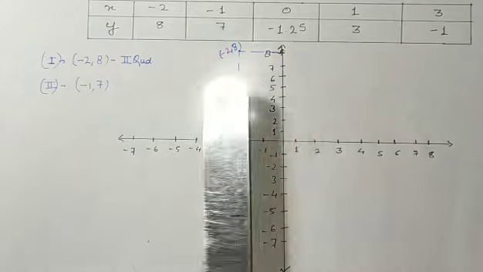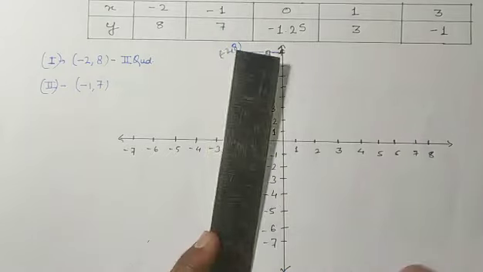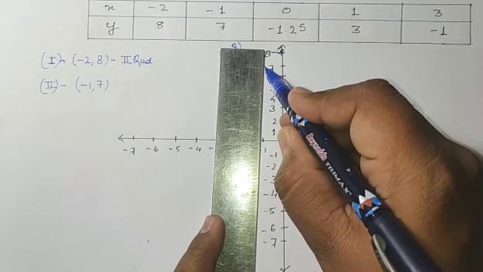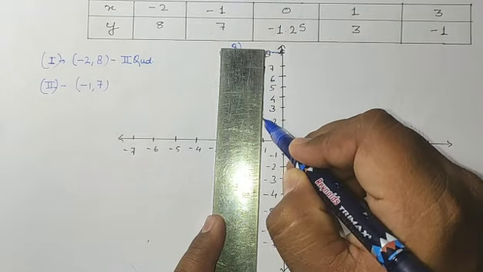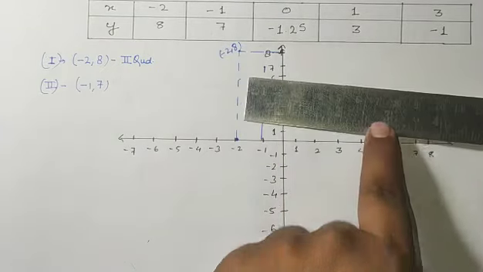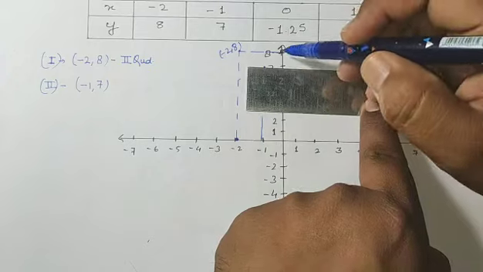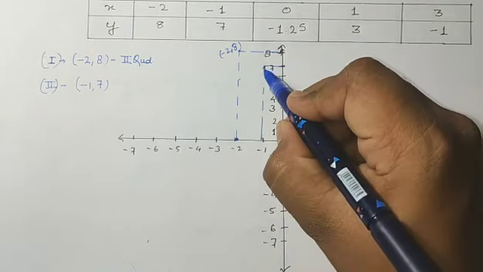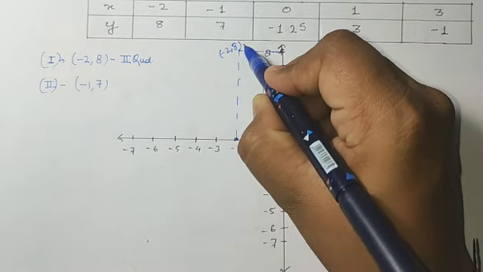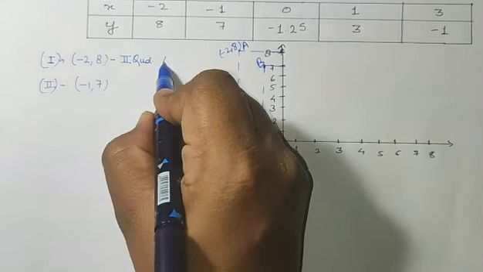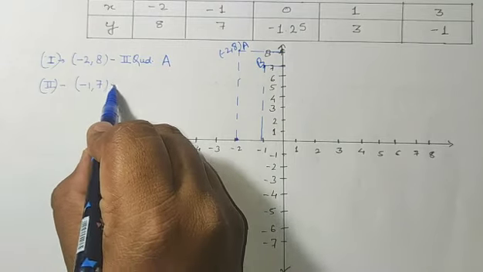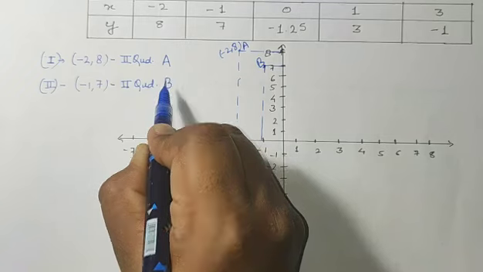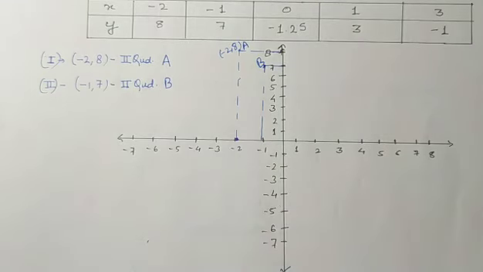So again we will draw a perpendicular line from minus 1 and a perpendicular line from 7. So here it is, suppose it is point A and it is point B. Where does it lie? It is also in the second quadrant. Suppose it is point B.